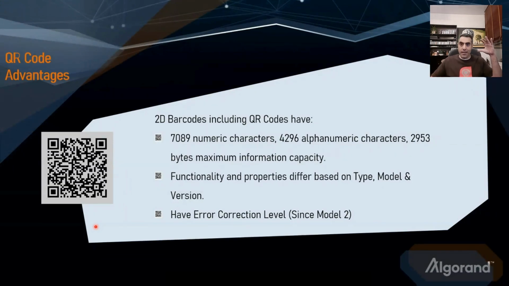And last but not least, they have very good error correction mechanisms in place that you can use in order to reduce the amount of error imposed by optical malformity or the rotation or the physical damage that the QR code has been enduring. So QR codes are bringing a lot to the table.